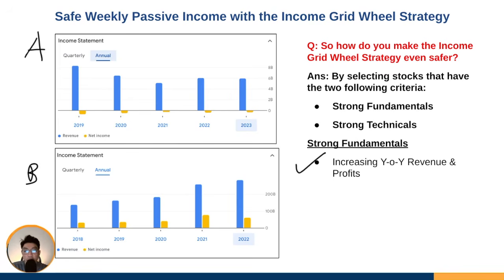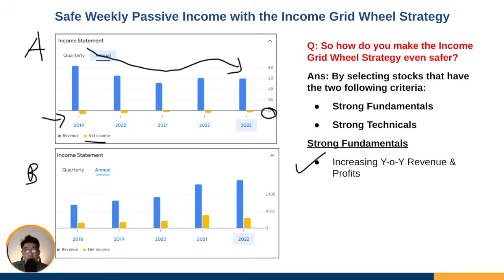As you can see down here, for company A, the revenue in blue is very inconsistent, right? You can see it is up, then it goes down, goes slightly up, goes down again. And the worst part is that the net income, which is represented by the yellow color bar, you can see that it's all below zero, right? It's negative, right? So that means to say this company has actually not been making money for 5 years.